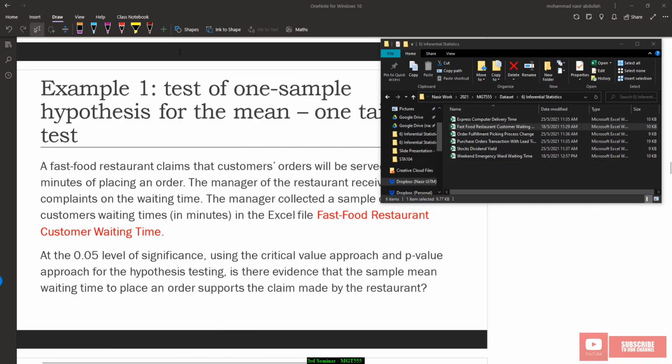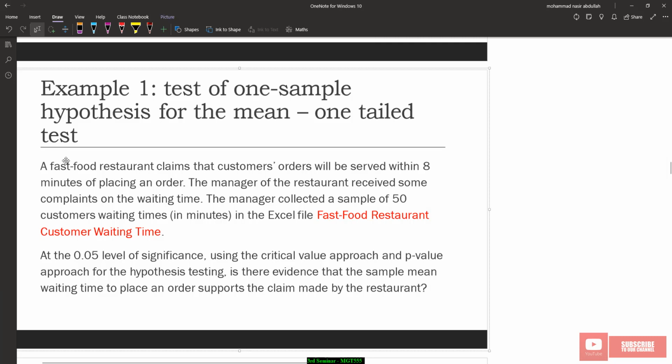Before we try to answer the question, let's look at the question first. A fast food restaurant claims that the customer order will be served within 8 minutes of placing an order. The manager of the restaurant received complaints on waiting time. So the manager collected 50 customer waiting times in minutes in the Excel file, fast food restaurant customer waiting time.